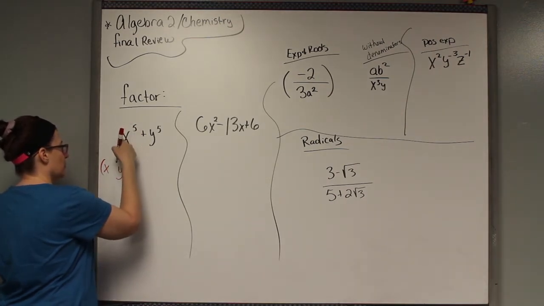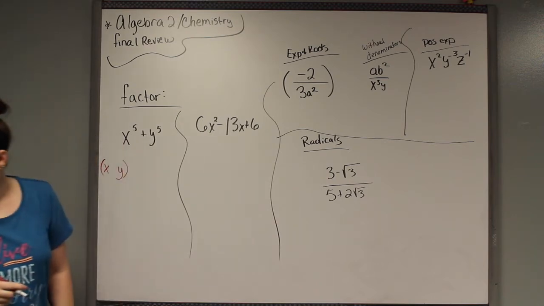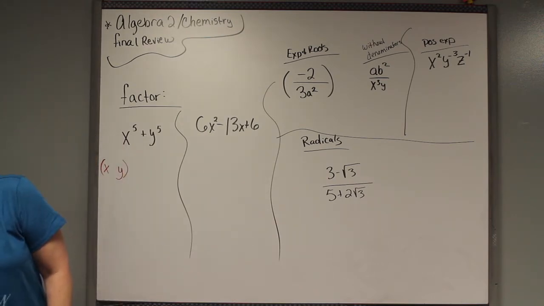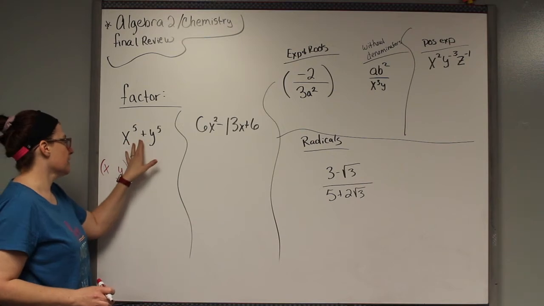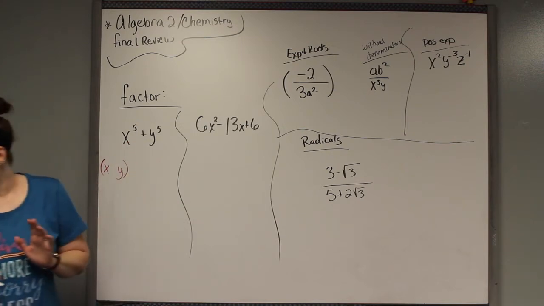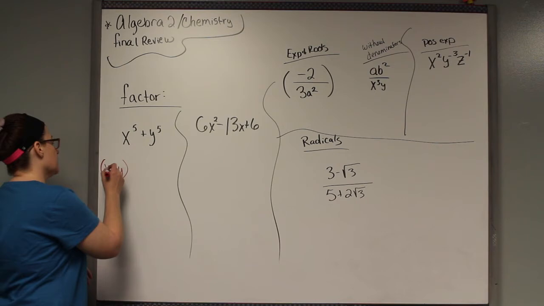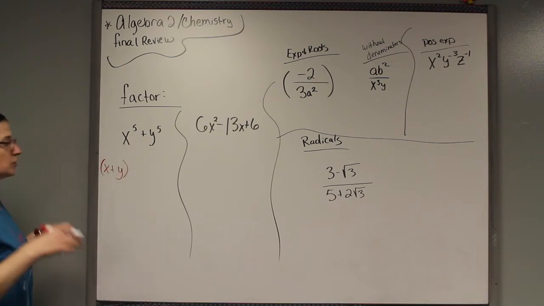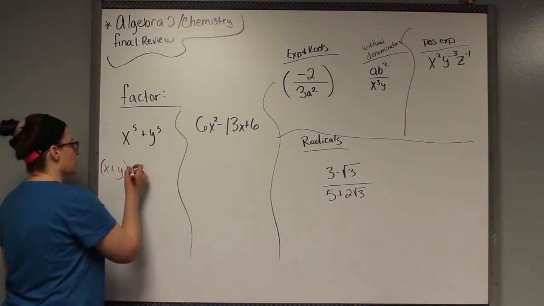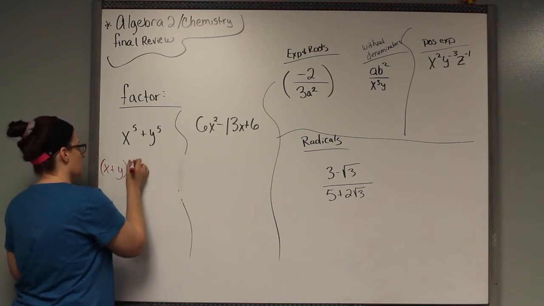So the fifth root is just the letters x and y. If you have positive, then your signs are alternating.